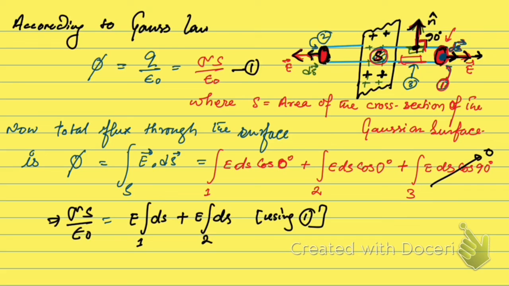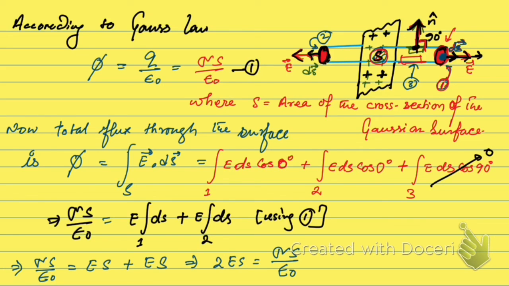So let me write here: sigma S by epsilon naught equals E into S. If you integrate ds, you get S, the area of cross section. Again if you integrate this, you also get the same area, so it implies 2ES is equal to sigma S by epsilon naught.